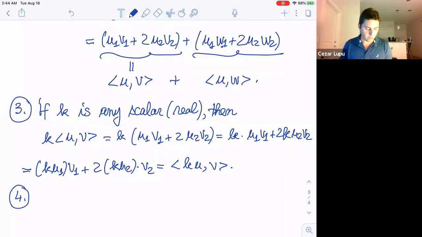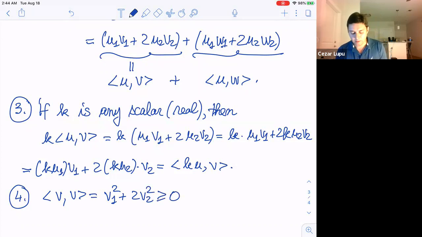Okay, and now the fourth one, well, we just have to do the inner product between v and itself. We will always get the square of a real non-negative. So basically we have that the inner product of v with itself is nothing else than just v1 squared plus 2v2 squared, which is clearly non-negative.